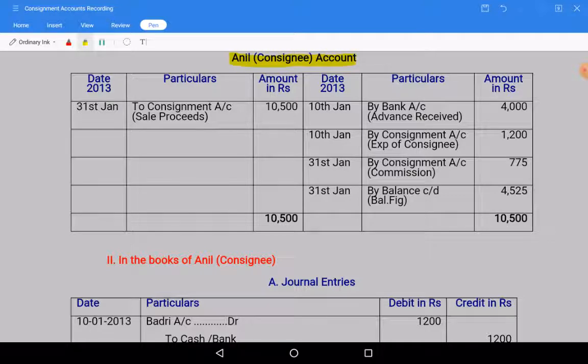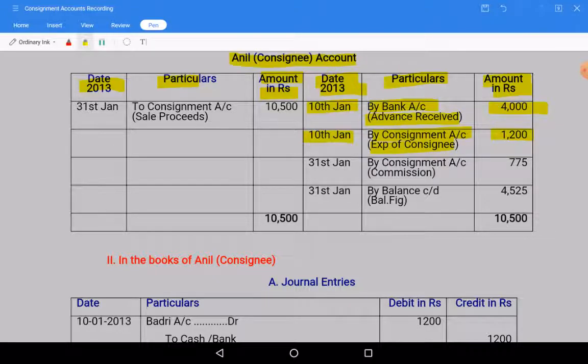So Anil account, consignee account: date, particulars, amount, date, particulars, amount. Consignee transactions are starting on 10th January. So on 10th January, by bank, advance received from consignee 4,000 rupees, and the consignee has paid some expenses for the consignment. So on 10th January, by consignment account, expenses of consignee 1,200.